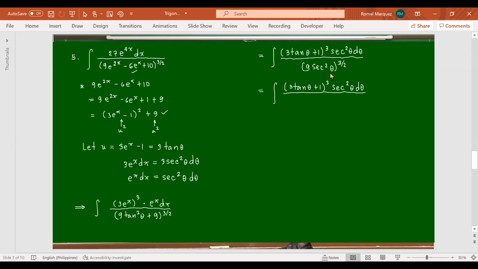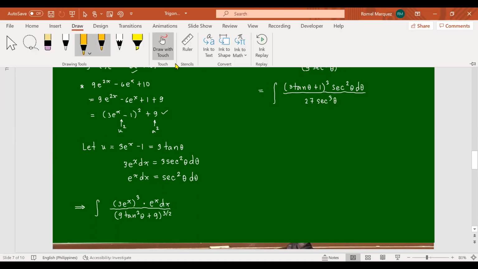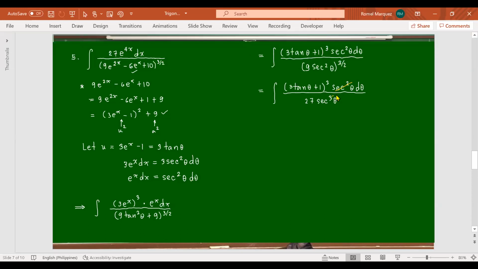That is 3 secant theta. Cube it, 27 secant cubed theta. I can cancel this out. There is a remaining secant theta, because this is secant squared theta, so there is a remaining secant here. And this is what, guys?